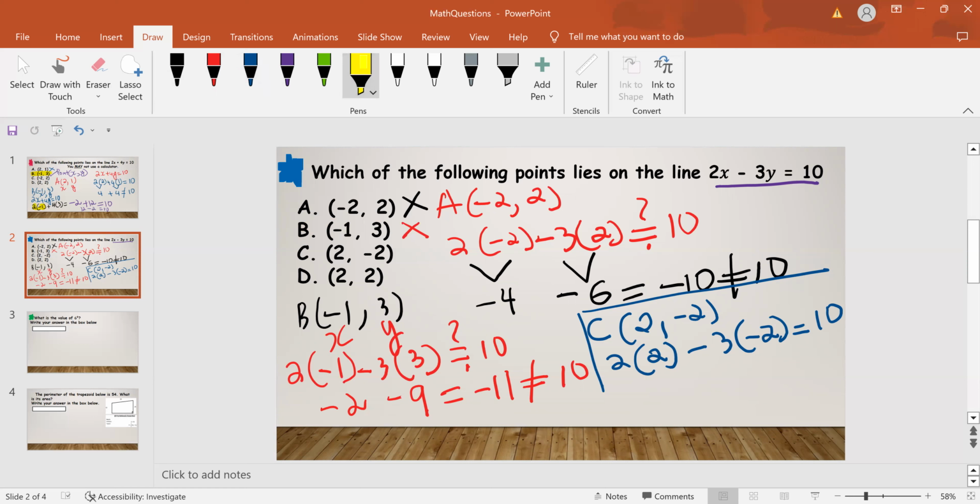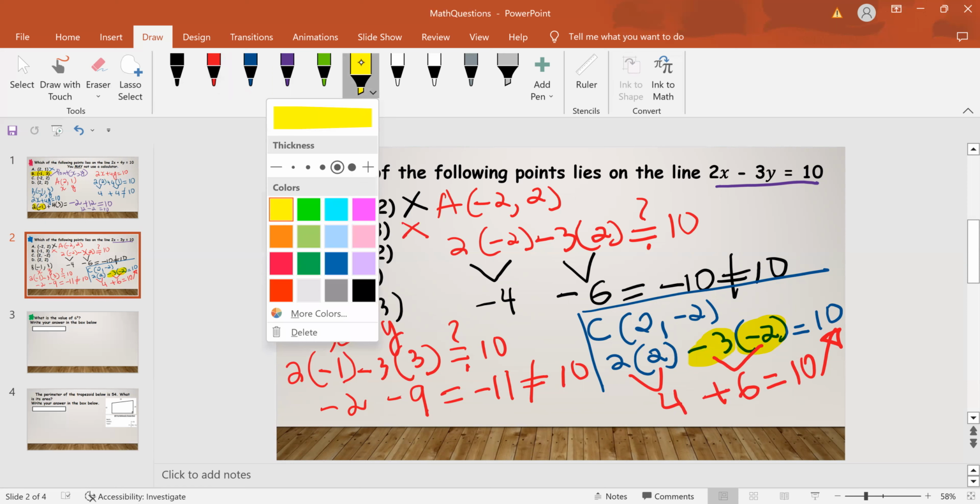But there is something important here: we have a negative 3 multiplied by negative 2. So we're going to have positive 4, and negative 3 multiplied by negative 2 turns into positive 6, which gives 10. And yes, that is the same as the value we are looking for. Therefore, the best choice here is C.